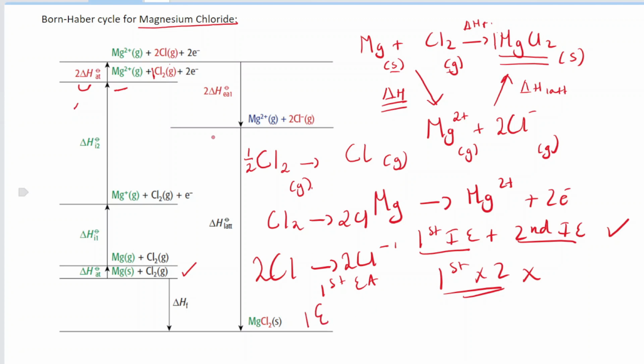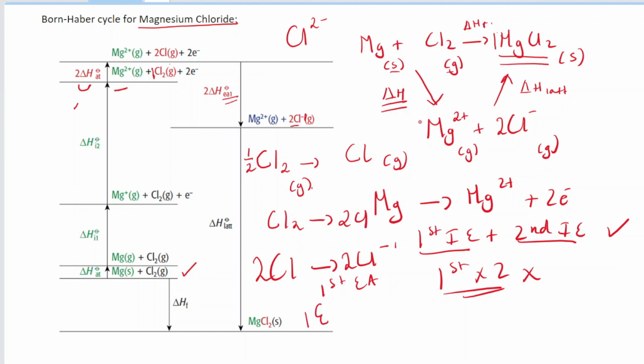Why is that? Because you just form a negative 1 here. You are getting the first electron affinity, but there are 2 chlorine atoms this time. If it was Cl2-, that would have been the first electron affinity plus the second one. But this is just 2 times the Cl- ion. And if you remember, we said that electron affinity is exothermic, so that's why this goes down.